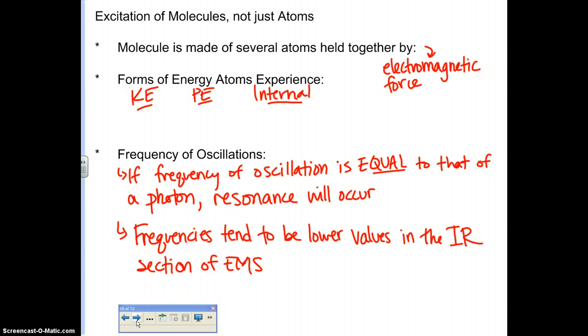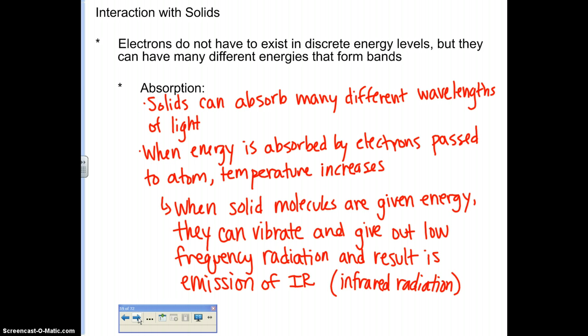Frequency of oscillations: if the frequency of oscillation is equal to that of a photon, resonance will occur, hitting that natural frequency. That's all the way back to topic 4. These frequencies tend to be lower values in the IR section of the EMS.